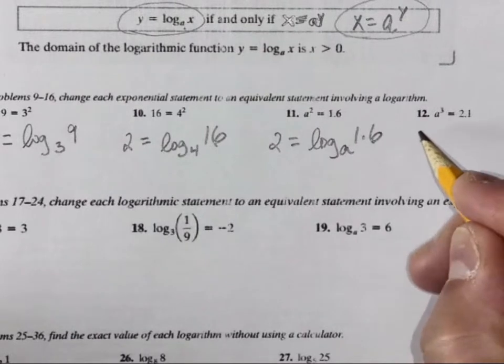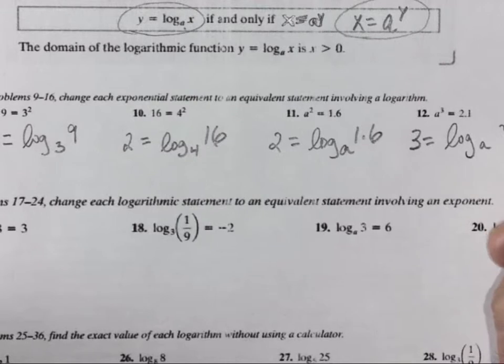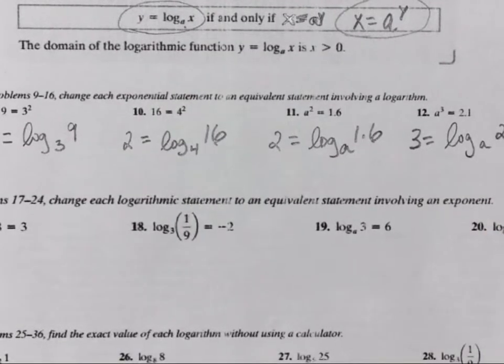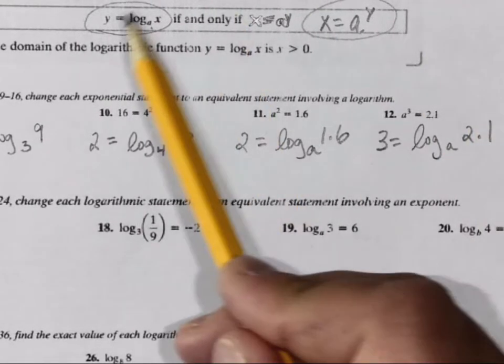And then over here we would have 3 equals log base a of 2.1. So those are some examples of how you can go from exponential to logarithms.